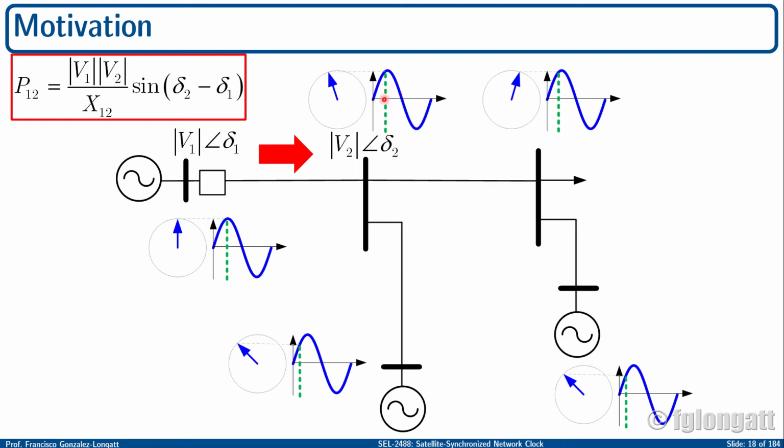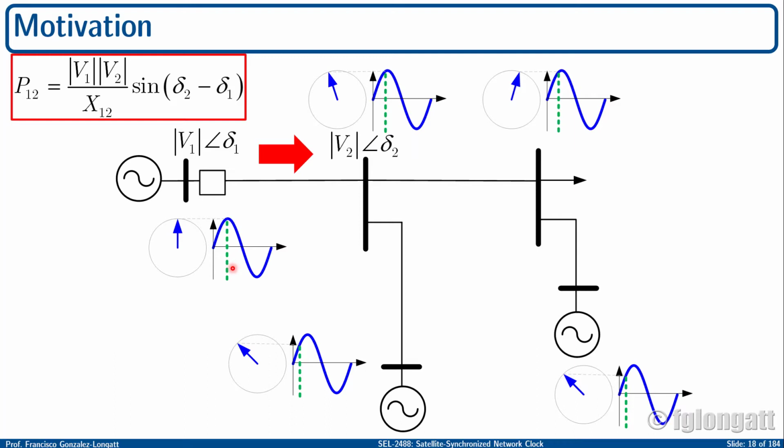For instance, if we go to bus bar number 1, you can see here this location, we can say this is 0 degrees, and that represents the maximum value for that function. What I want you to see is that the green line represents the time location for the instantaneous value.